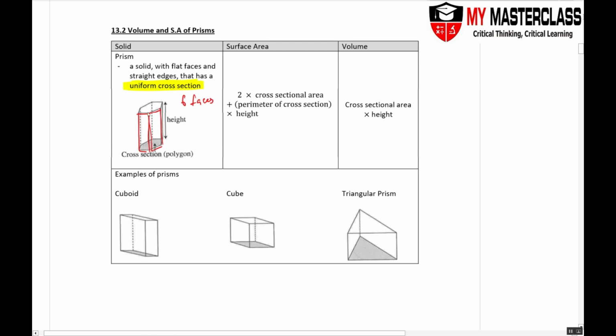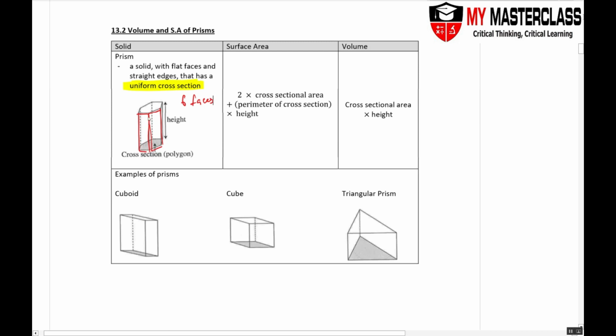So if we just look at one rectangle, it is your length times breadth, right? But I have 6 times of it. So essentially it's 6 times your length times breadth. So when they say perimeter of cross section, essentially I'm counting 6 times of the breadth, multiplied by height, which is the length.